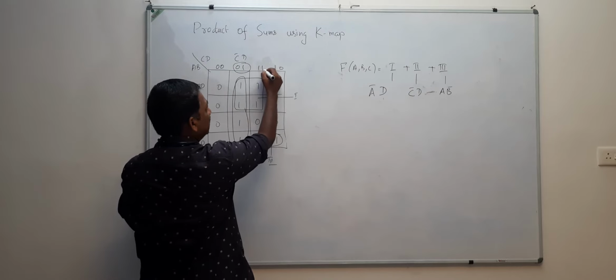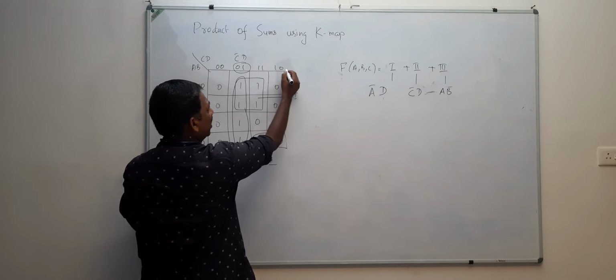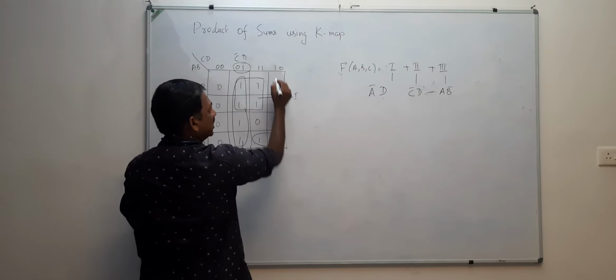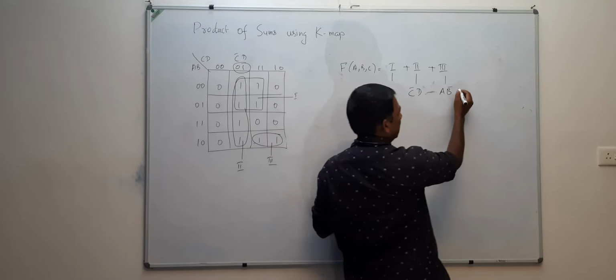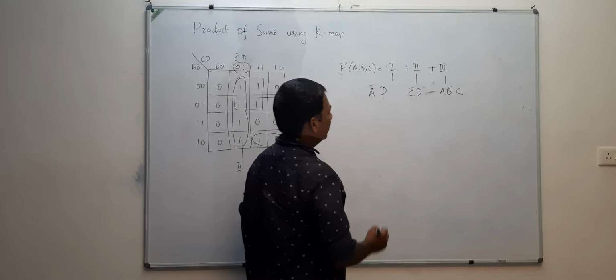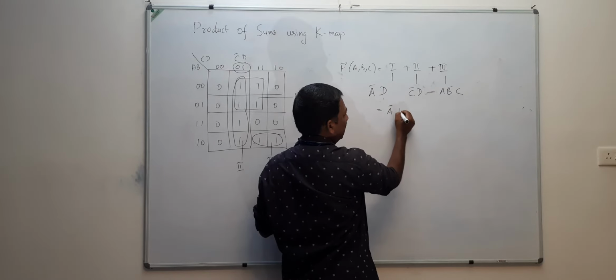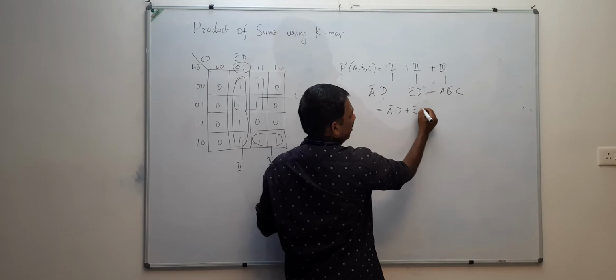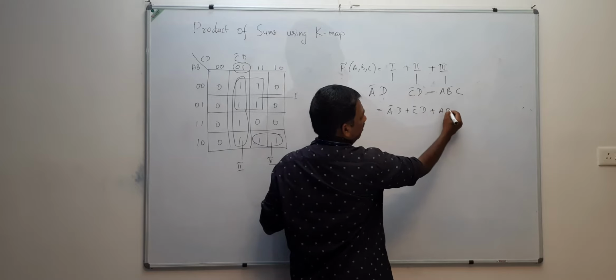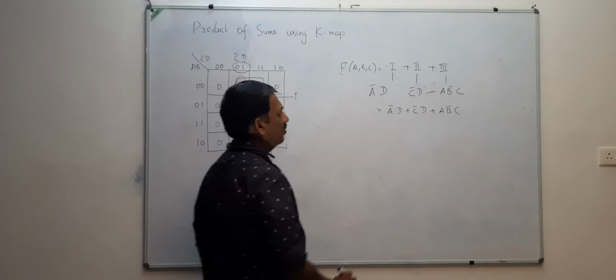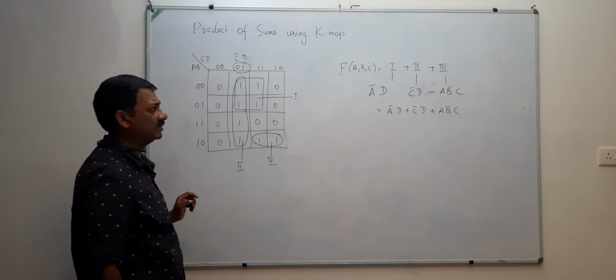The D term is changing, that means 1 and 0. What remains? C. So this is A B bar C, and that means A bar D plus C bar D plus A B bar C. Okay, that is f of A B C.